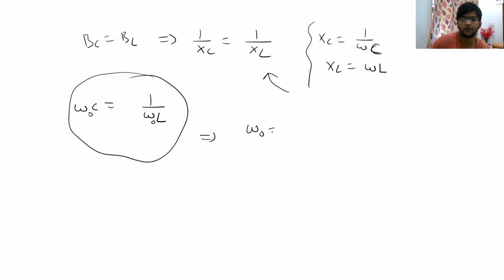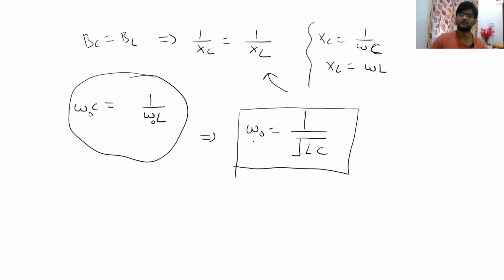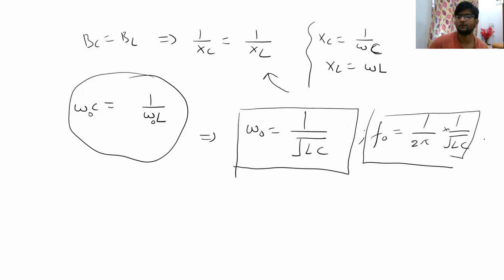So we will get omega naught as 1 upon under root LC. This is the same value as the series RLC resonance case, right? So if we want to represent it in the basic frequency term, it will be 1 upon 2 pi into 1 upon under root LC. And this will be in hertz, and this is in radian per second, right?